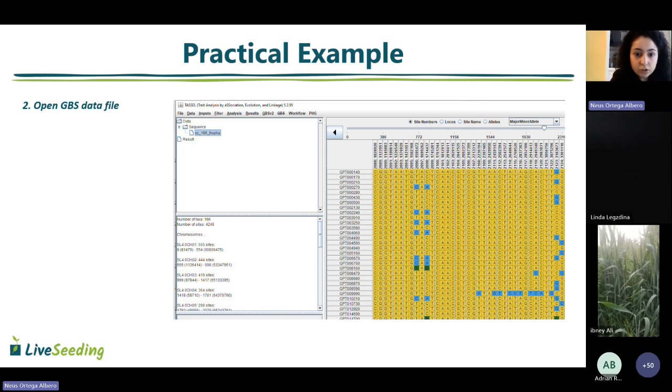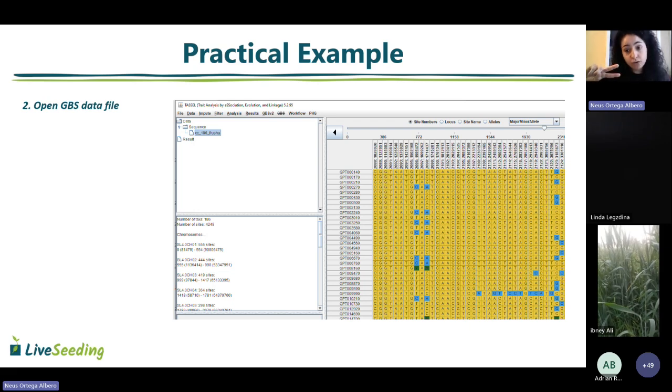So you see here that you also have green and blue spots. This is not a base pair. This is telling you that maybe this accession is not homozygous, it is heterozygous, so it has the two types of alleles for this position. But as I said, I'm not going to go further into this because it's very complicated.